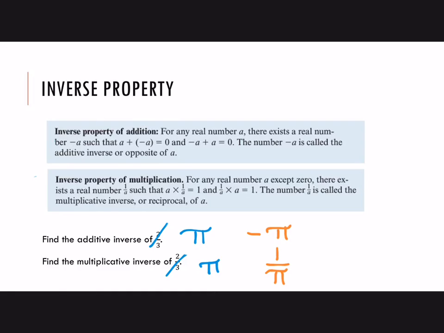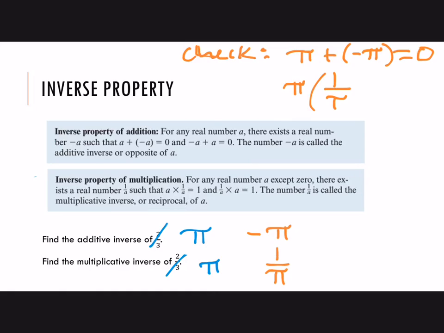Now we can check these. We want to make sure, does pi plus negative pi equal 0? And that is true. That's like pi minus pi. So anything minus itself is 0. So that works. And then what about multiplication? Pi times 1 over pi, does that equal 1?